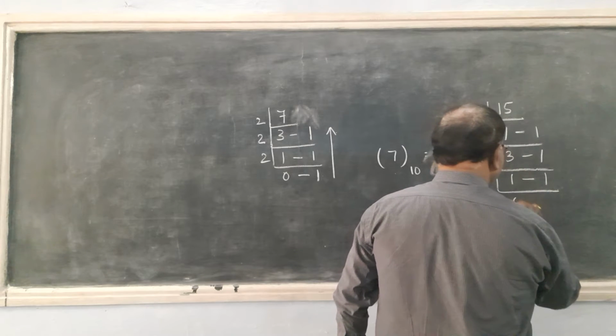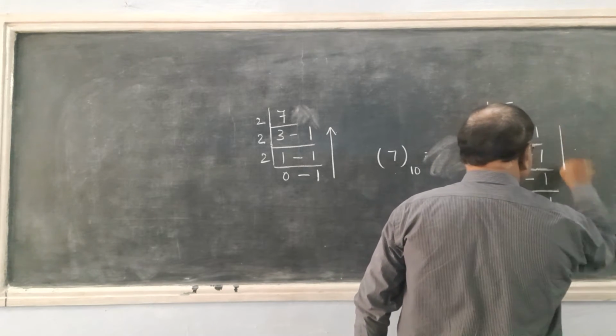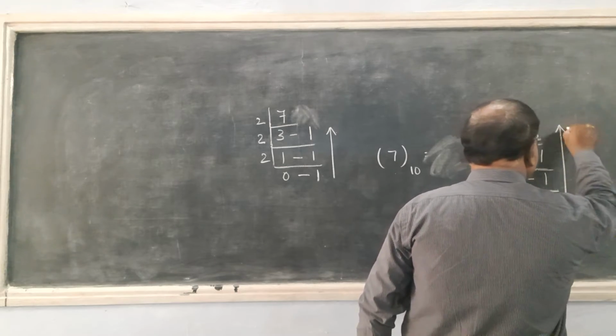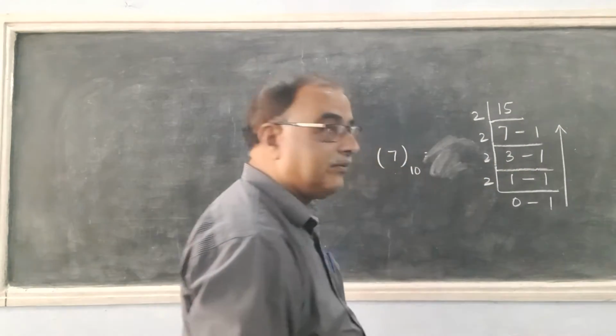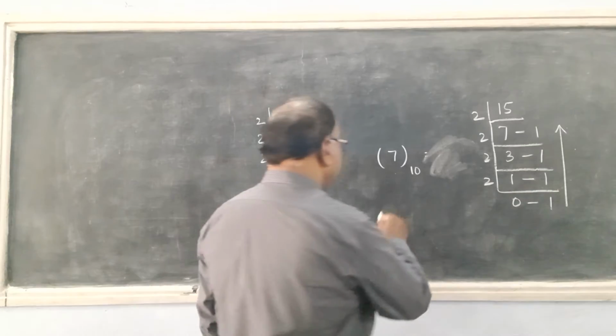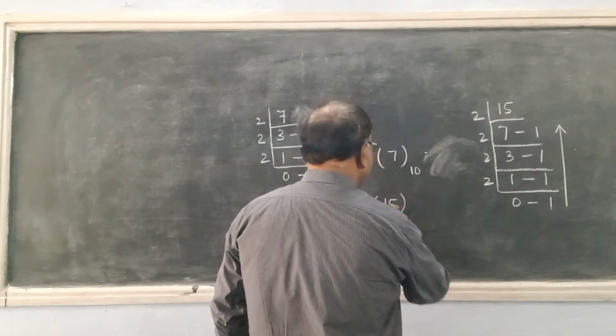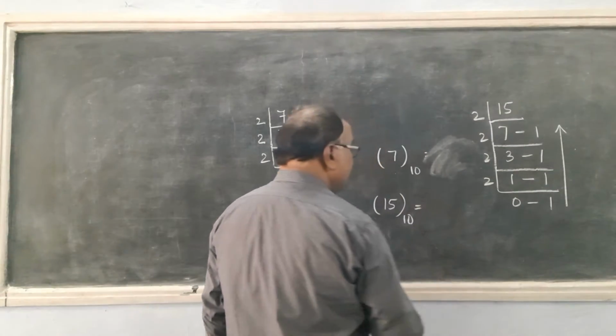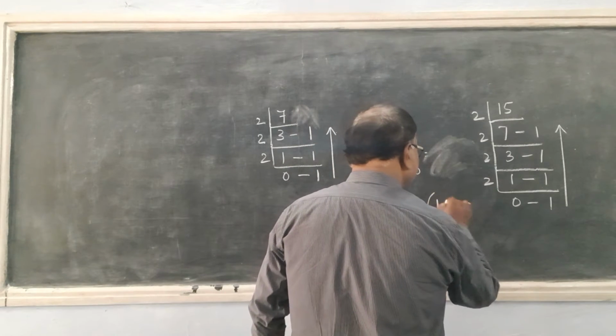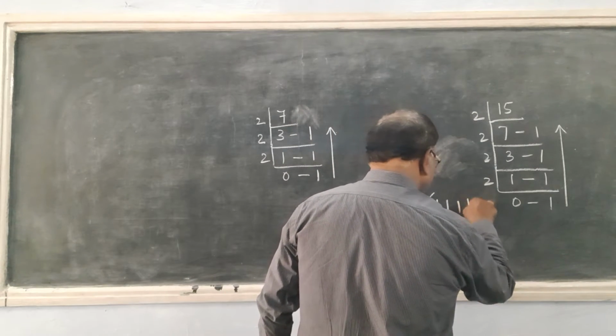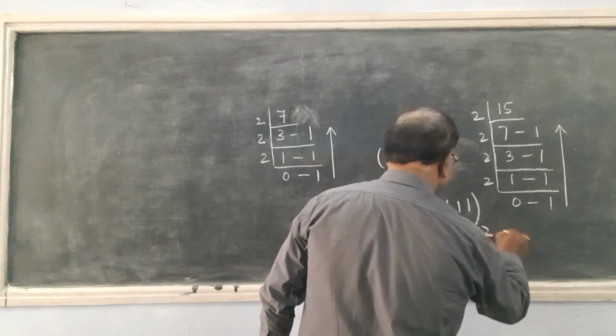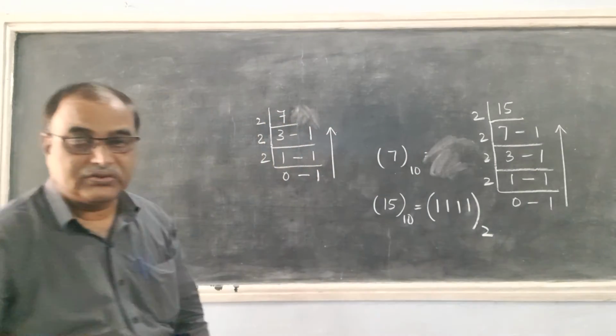So 2, 0 and 1. So write the binary number from bottom to top. So 15 in decimal number is represented as 1, 1, 1, 1 in binary, right? So this is how.